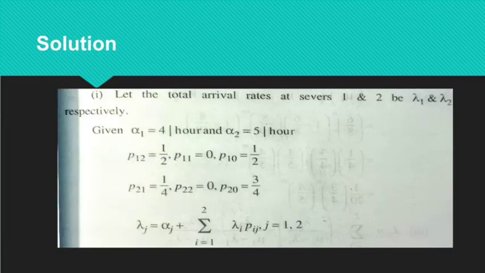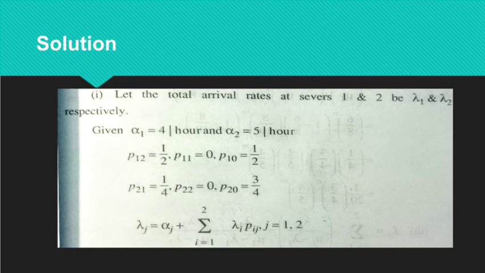Now see the solution. Let lambda 1, lambda 2 be the total arrival rates. Already we have seen alpha 1 as 4 per hour and alpha 2 as 5 per hour.